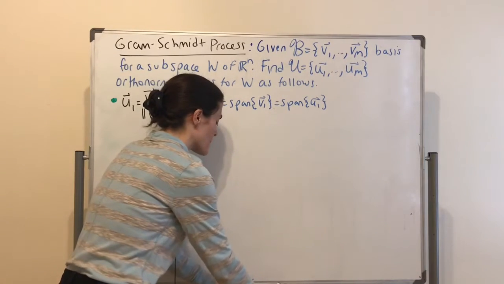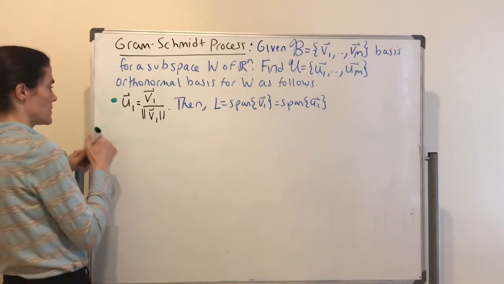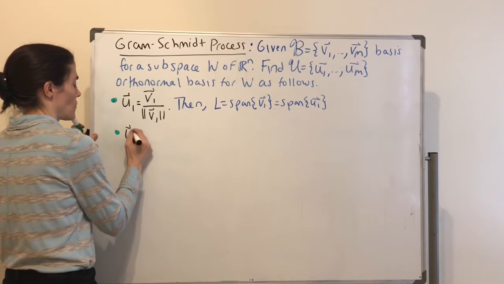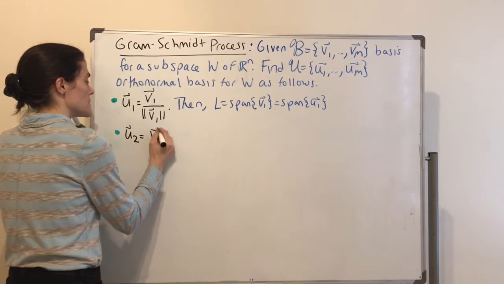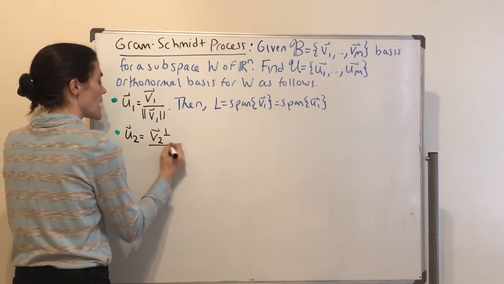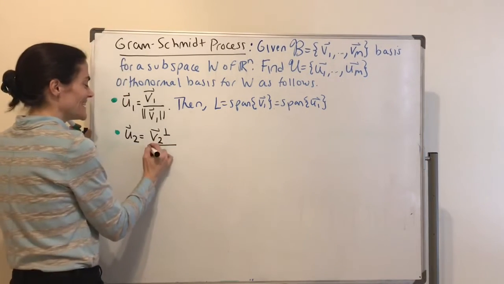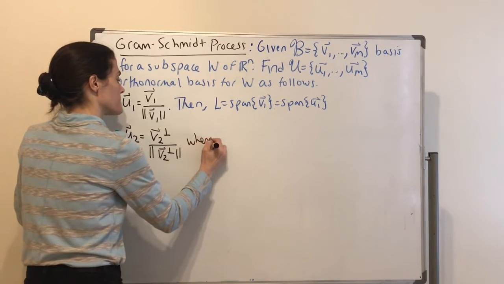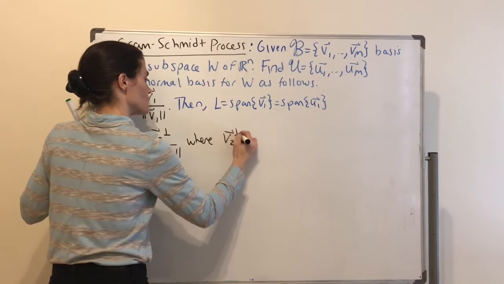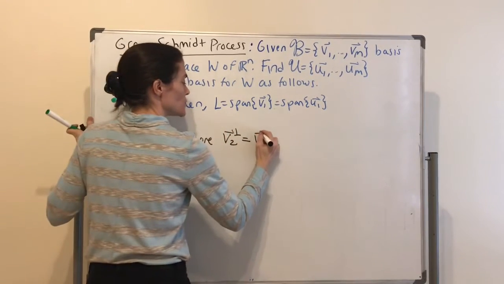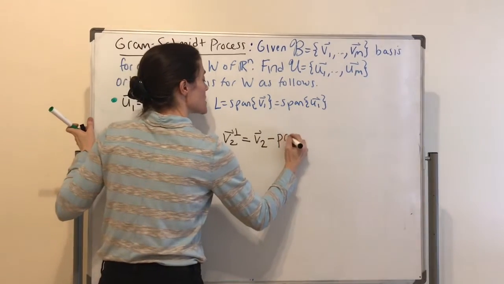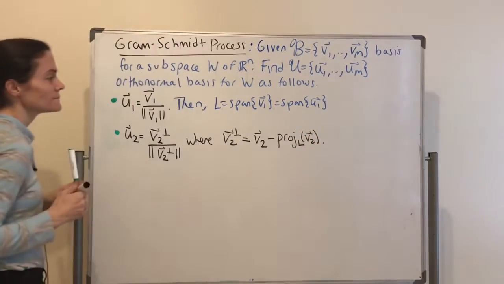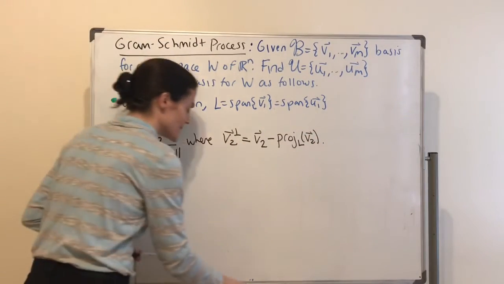And then, now I'm ready to tell you the next step, U2. It's the component of V2 that is orthogonal to the line divided by its length, where this is V2 minus the projection of V2 onto the line. Okay, so far so good.